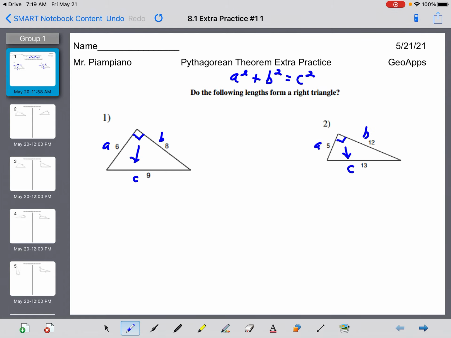Okay, so for number 1, we should have 6 squared plus 8 squared equals 9 squared. And for number 2, we should have 5 squared plus 12 squared equals 13 squared. Let me grab my calculator.